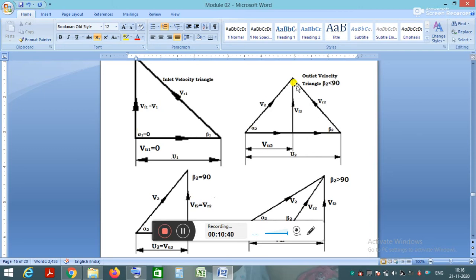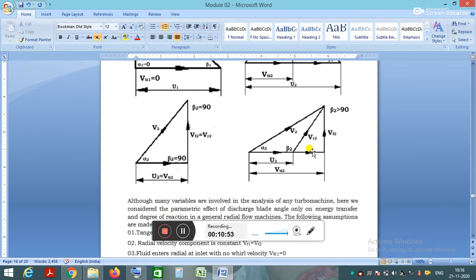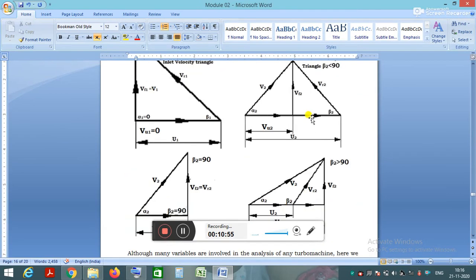Therefore Vw2 can be written as U2 minus Vf2 into cot beta 2. Vf2 into cot beta 2 gives this length. Therefore Vw2 equals U2 minus Vf2 cot beta 2.